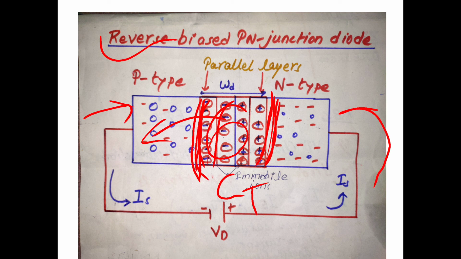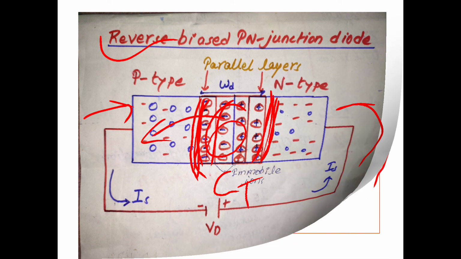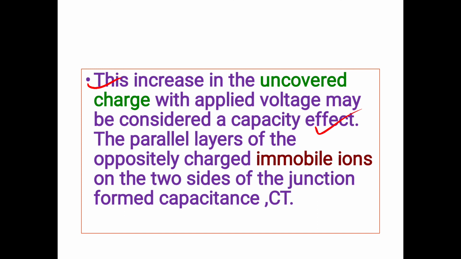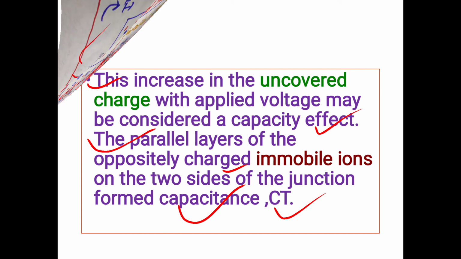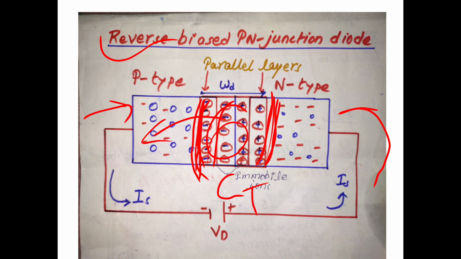So the capacitance of this junction will also increase. The parallel layers of oppositely charged immobile ions on the two sides of the junction form the capacitance CT. So the capacitance CT is formed by the uncovered immobile charges present at the junction.